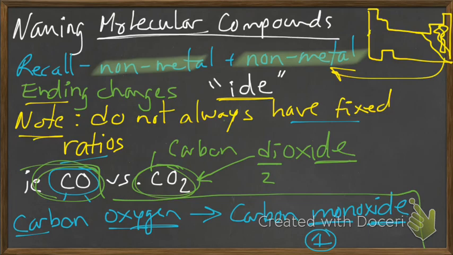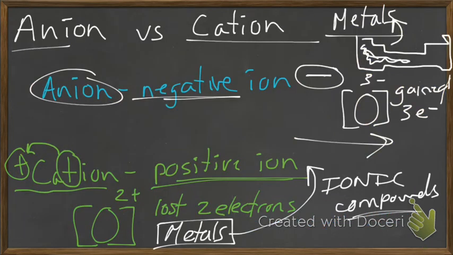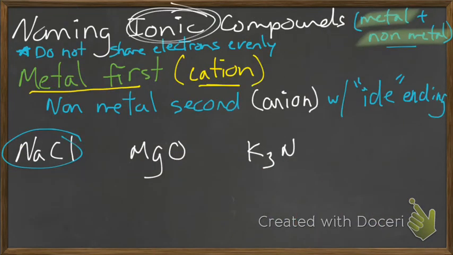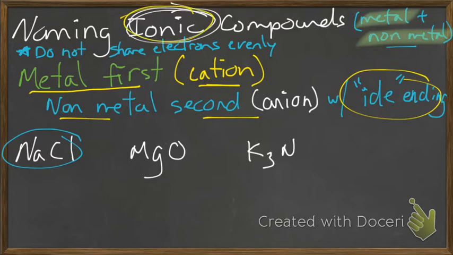If you recall, if I go back here, cation, metals. See, I wasn't lying. And then the non-metal will be second, and this gets the IDE ending. Okay. Ionic compounds, one thing I want to make note of, these do not share electrons evenly. This will come up later in the video when we're drawing our diagrams.